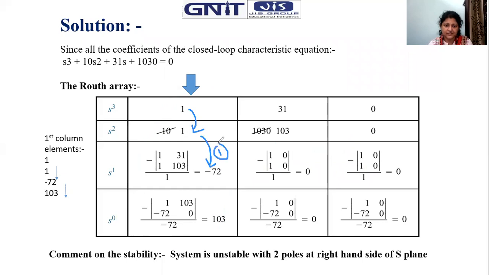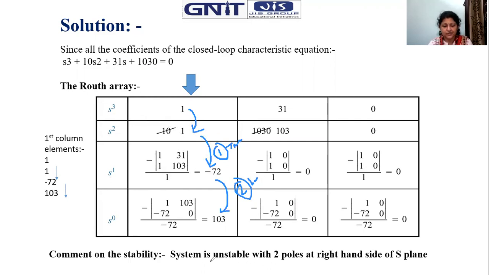One time sign change. There is a second time sign change, minus 72 to 103. So we got here first time sign change, second time sign change. From 1 to minus 72 to 103. That's why from the first column of the Routh array, what we get is two sign changes.